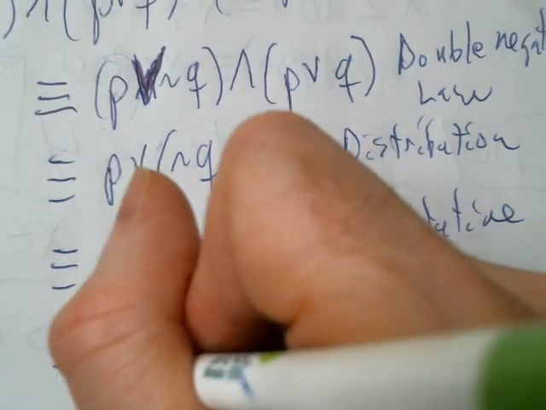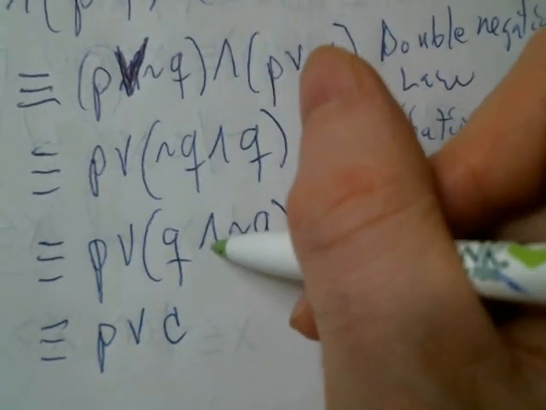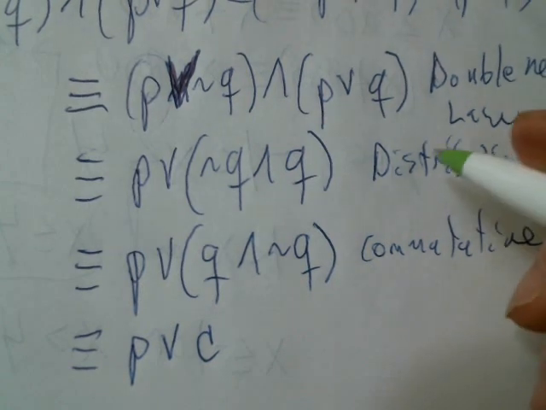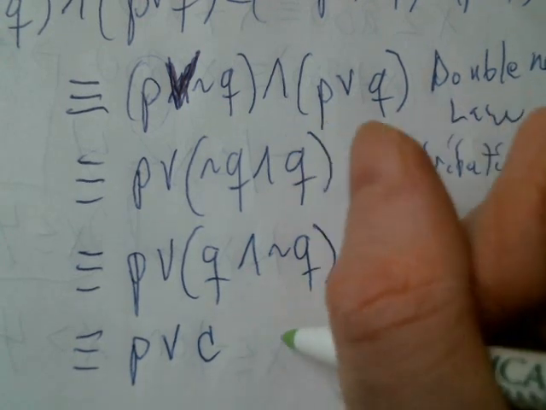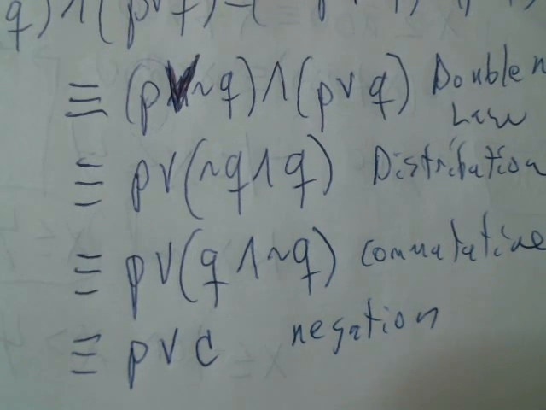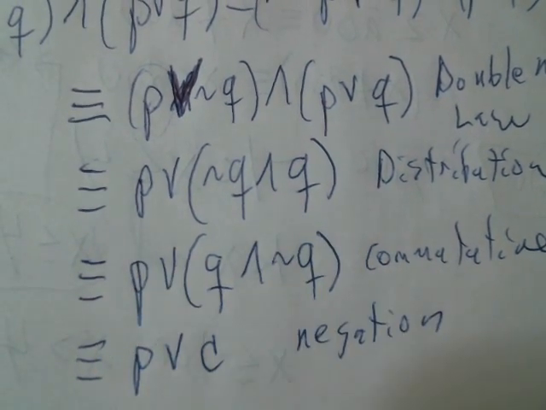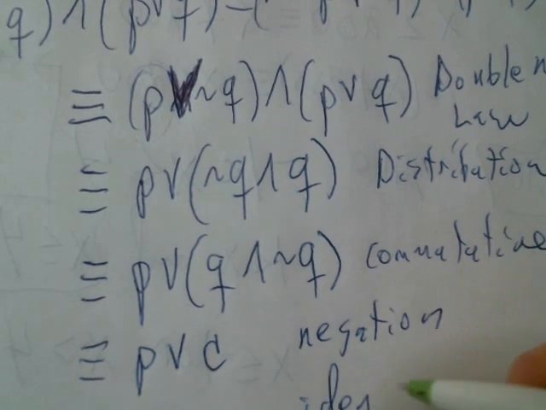So this would be P or a contradiction, where Q and not Q is equivalent to a contradiction because of the negation law. And then we could use the identity law. P or C is the same as P, from the identity.